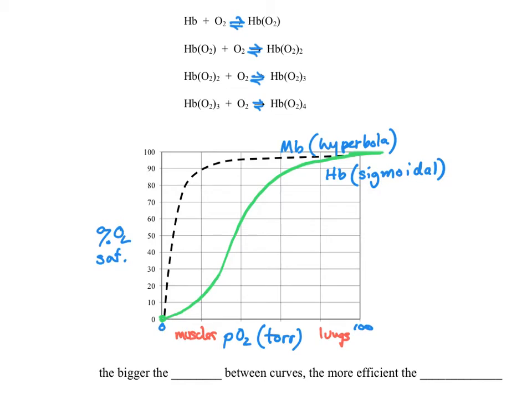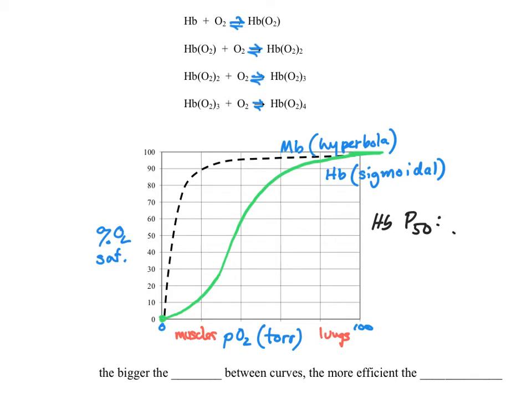Let's take a break for a second, and let's practice something we learned on the previous page. I want to ask you, what is the P50 for hemoglobin in the fashion that we've drawn it here on this page? Yours might be slightly different. So whatever your answer is, let's see how you do.